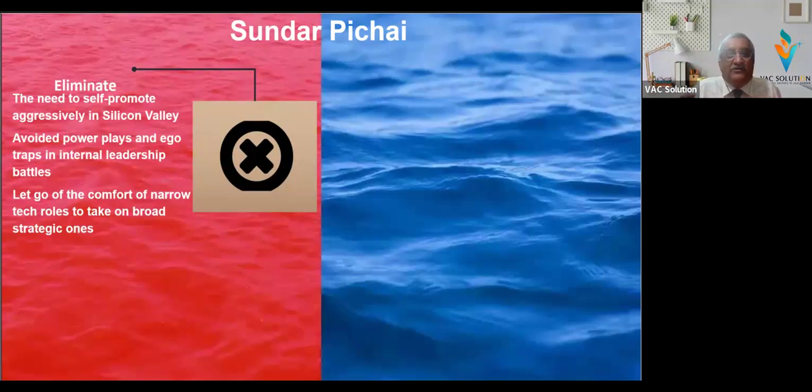Let go of the comfort of narrow tech roles to take on broad strategic ones. He did not restrict himself to tech roles. He eliminated all these things. Then what did he reduce? Incidentally, Sundar Pichai is a study in Blue Ocean Strategy.